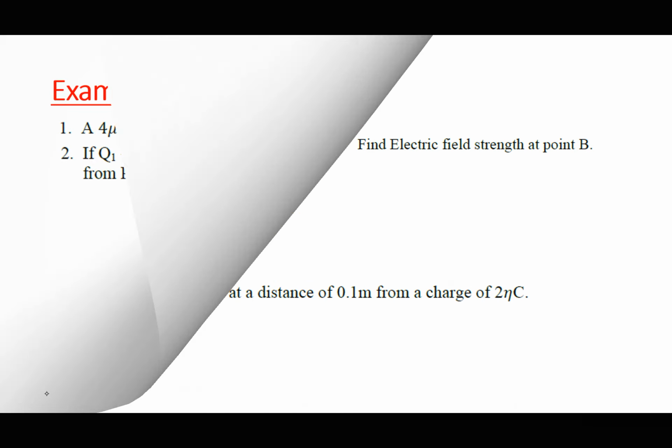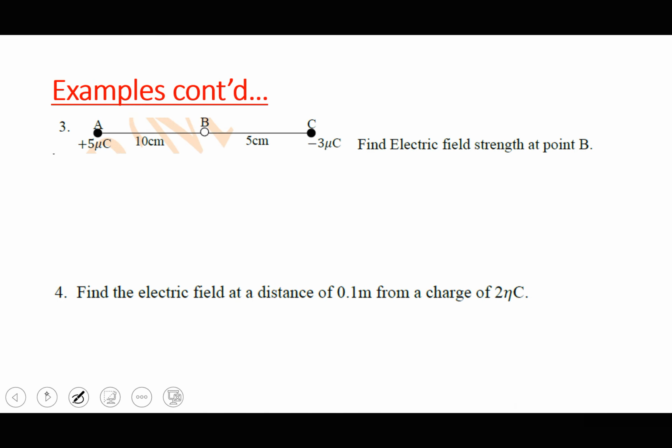Example number 3. We have point B between A and C. Find the electric field strength at point B. Remember, we imagine a unit positive charge at point B. The force it experiences is the electric field strength at that point.